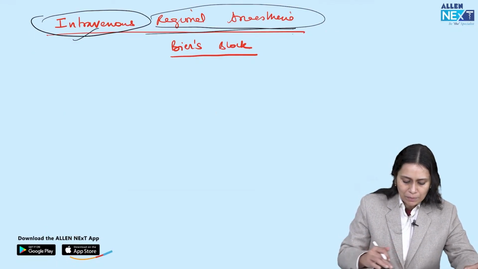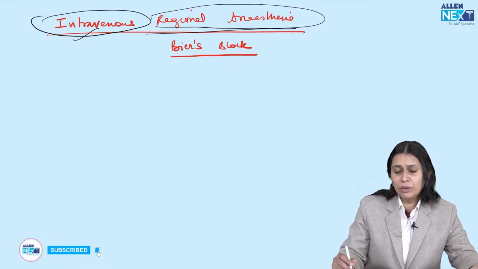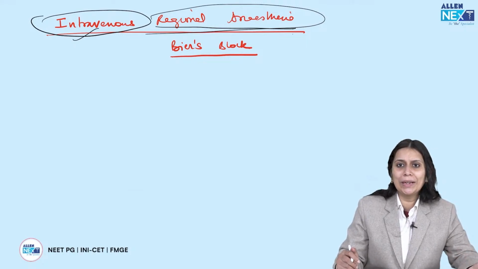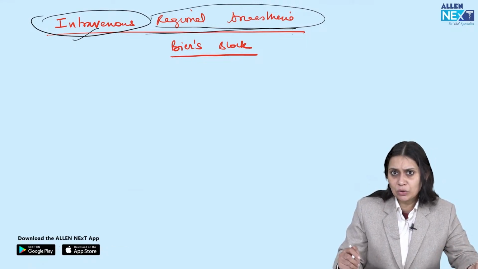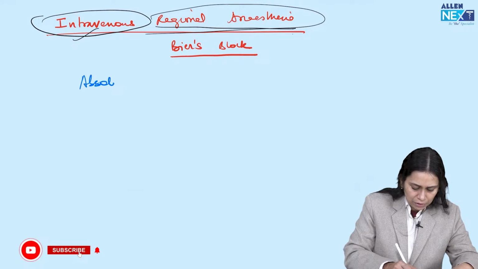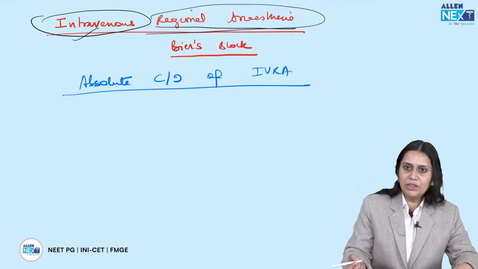Okay, remember this IVRA, we have to tie the tourniquet. So there are few conditions in which we cannot tie tourniquet, and in those conditions IVRA is contraindicated. So this is the third question which is asked on IVRA. So what are the conditions which are absolute contraindication of IVRA? So there are few absolute contraindication of IVRA.